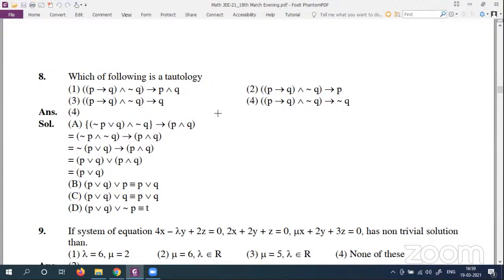Using either of the two methods, you can verify that. So I think this can be solved by applying either properties or by using truth tables.